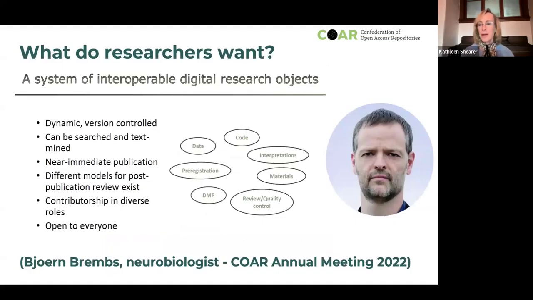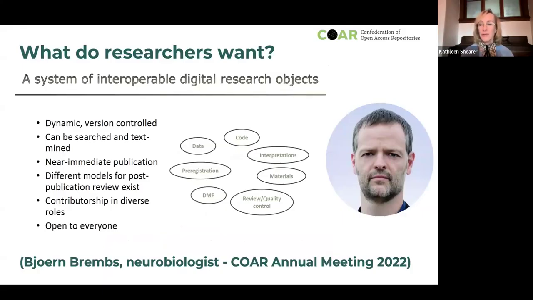And then the other important foundational conceptual model we think of is, what do researchers really want? We know that what they're supposed to want is to publish in prestige journals, because that's how they get rewarded.